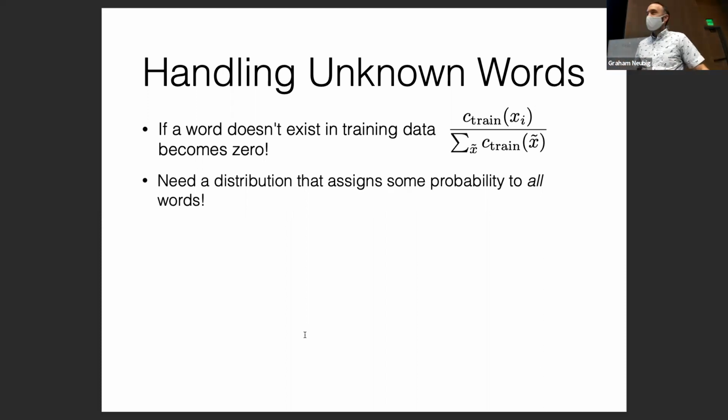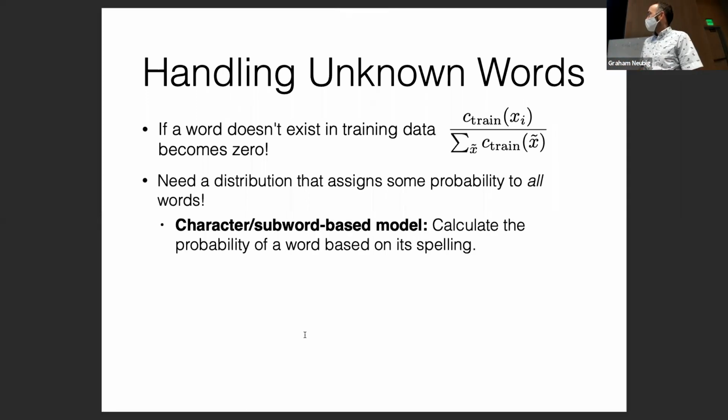It's a hard question. So maybe a kind of correct way of doing this is character or subword based models. You could calculate the probability of the word based on its spelling. So you might calculate the probability of T, the probability of H, the probability of E, multiply them all together, and you get the probability of "the".